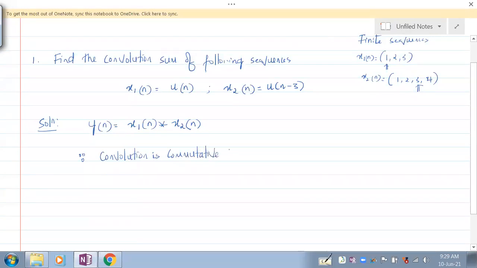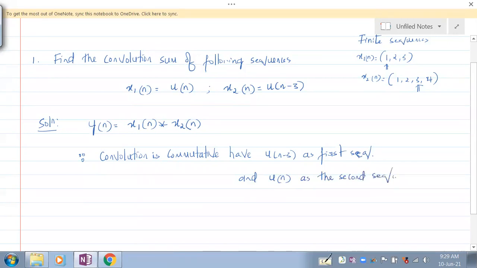So have u of n minus 3 as the first sequence and u of n as the second sequence.